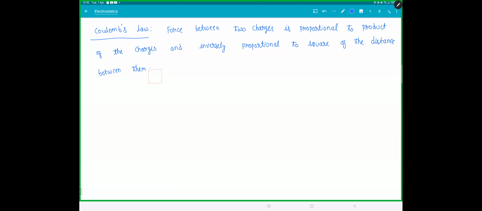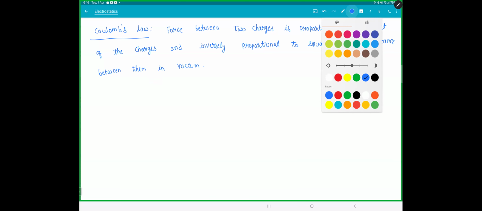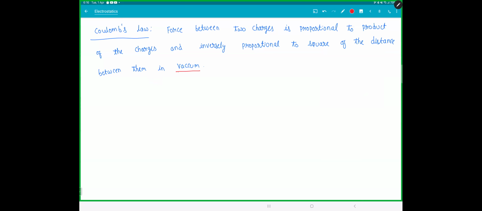There's one more word, in vacuum. If it is not vacuum, we will define it later on. We will talk about that in a bit.